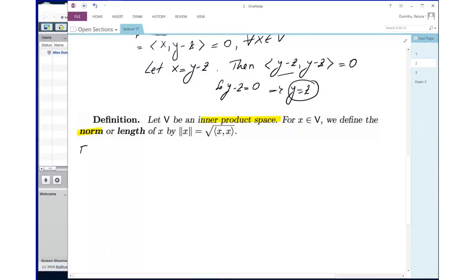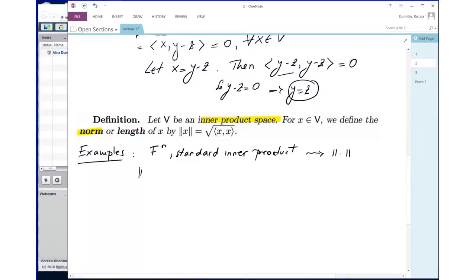So for example, let's think about the inner products that we've seen so far. On Fn, with the standard inner product. The standard inner product, which was the sum of a_i, b_i conjugate, where a_i and b_i are the entries of the n-tuple. So the standard inner product will generate a norm, right?